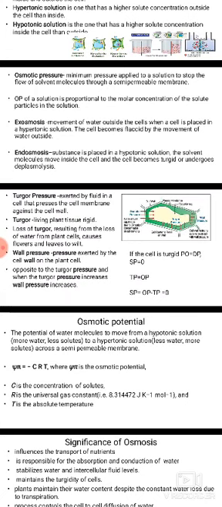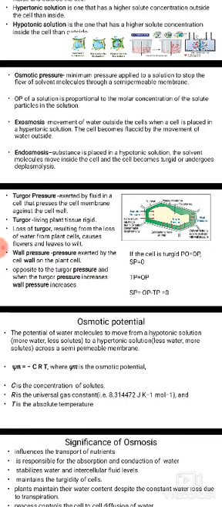Turgor pressure. It is exerted by fluid in a cell that presses the cell membrane against the cell wall. Turgor makes the living plant tissues rigid. Loss of turgor resulting from loss of water from plant cells causes the flowers and the leaves to wilt. Wall pressure.